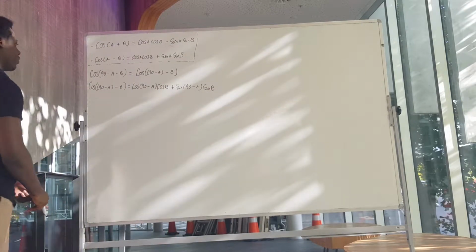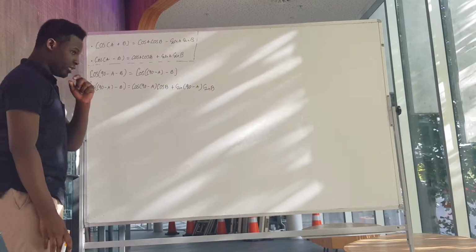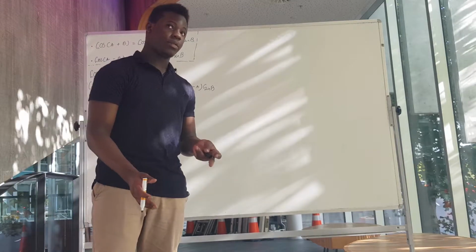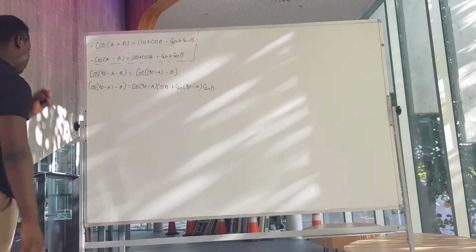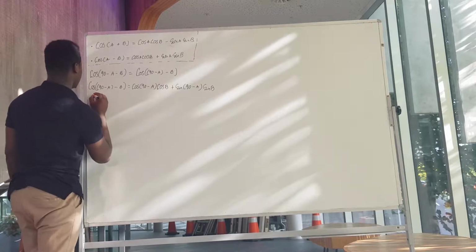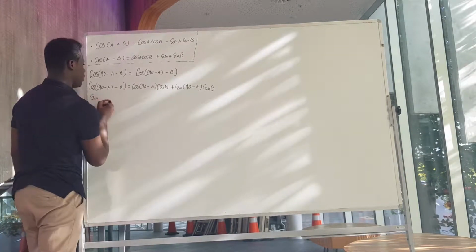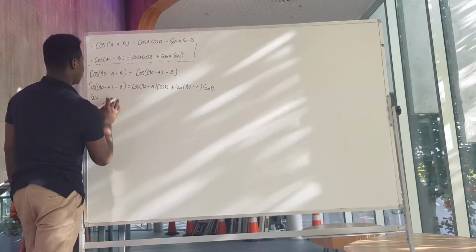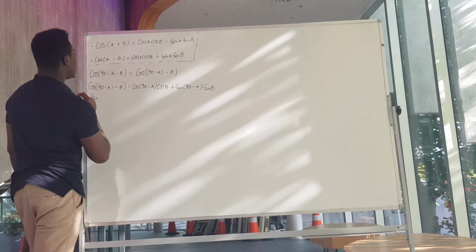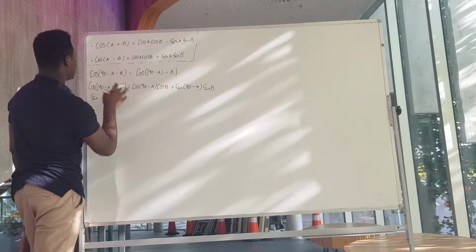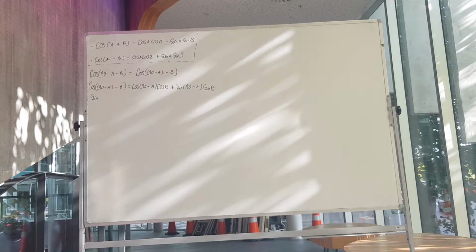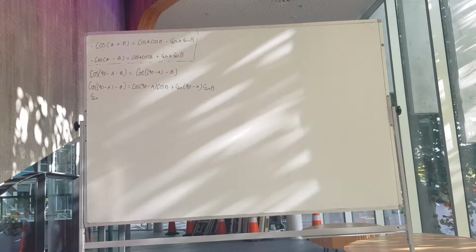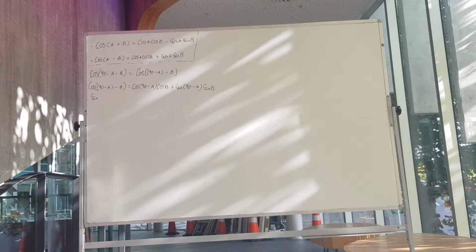Now, as I said before, cosine of 90 minus any angle is equal to sine of the angle, and that works for sine as well. Give me a second, let me go through what I'm doing properly.